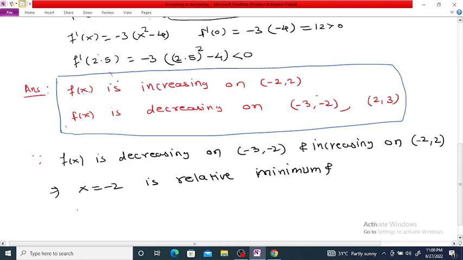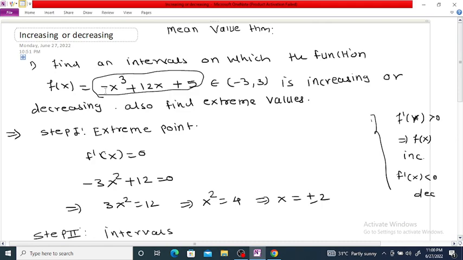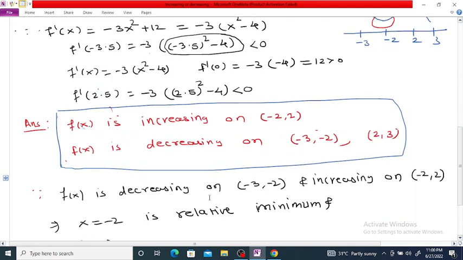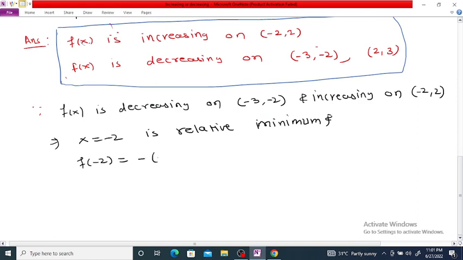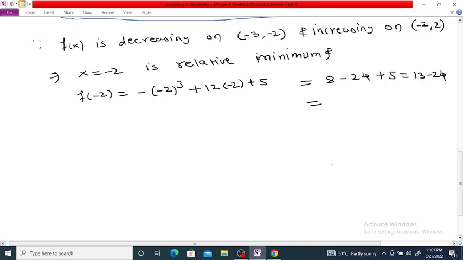And what is f of minus 2? f of x is equal to minus x cube plus 12x plus 5. So minus of minus 2 cube plus 12 into minus 2 plus 5, which is 8 minus 24 plus 5. 5 plus 8 is 13, minus 24 is minus 11. So f of minus 2 is equal to minus 11.